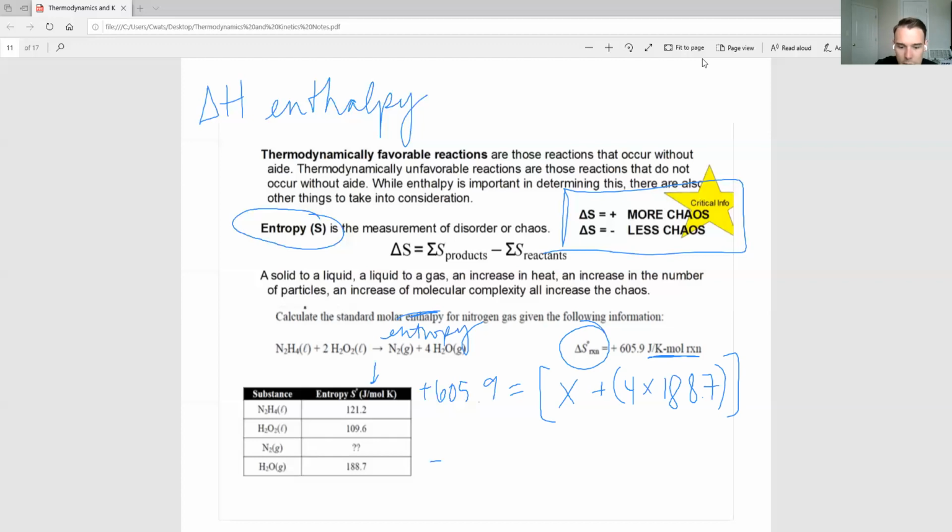And then subtract from the reactants. The reactants are going to be the N2H4, so that's 121.2, plus, I got 2 hydrogen peroxides, 2 times 109.6.